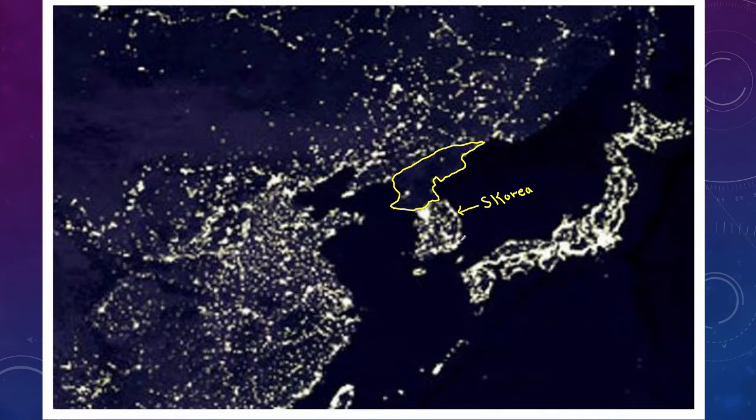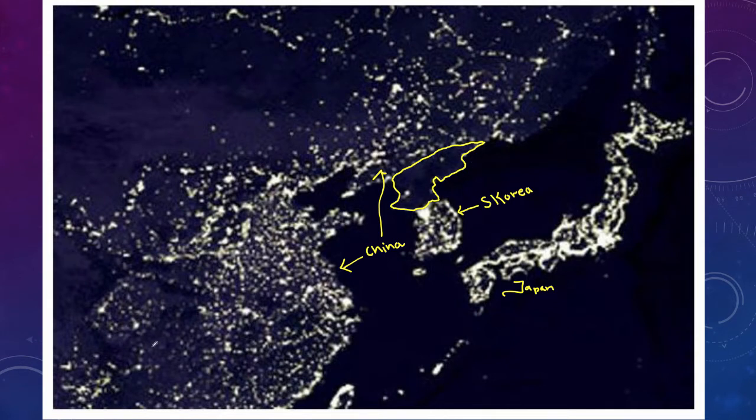Across the sea, or across this black space, is Japan. And over here, we have China. And actually up here we have China. Which leaves our area of, sort of our shadow area, this area where it looks like somebody might have turned the lights out.